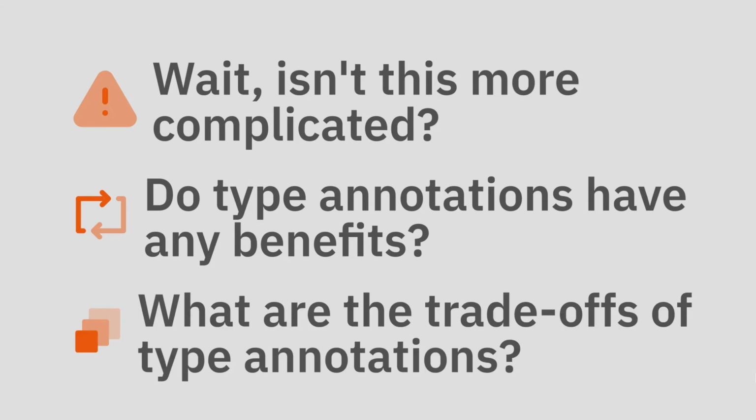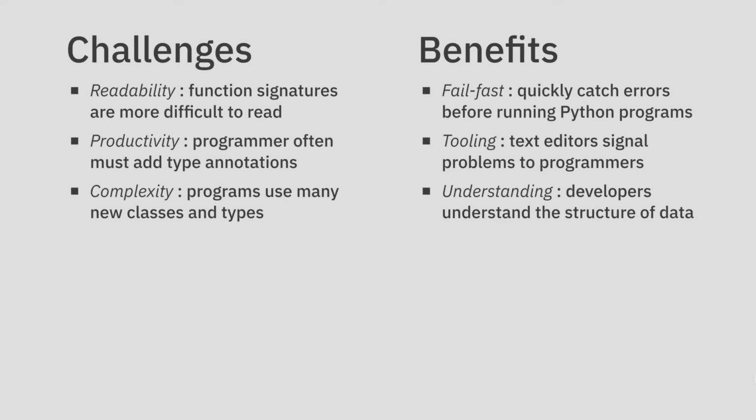And finally, in the context of Python programming, what are the trade-offs of type annotations? If they take extra time for programmers to write, can they realize any benefits in terms of programmer productivity or software quality? Let's investigate some of the challenges and benefits associated with adding type annotations to Python programs.